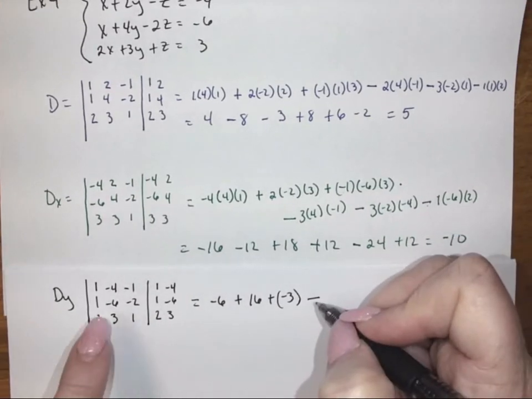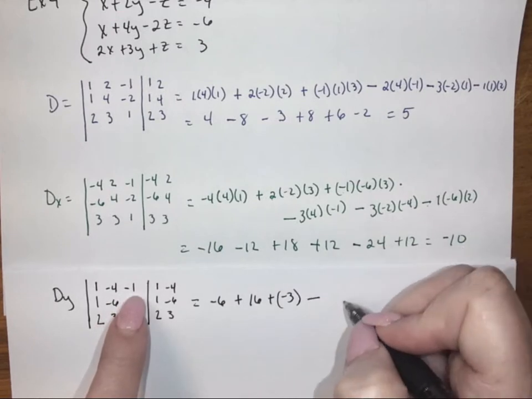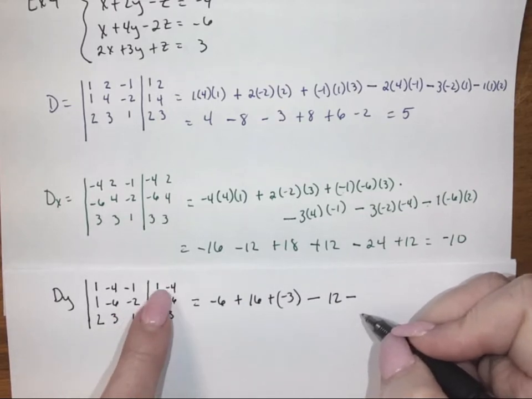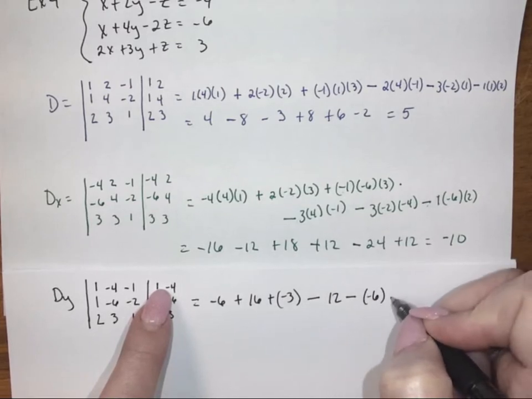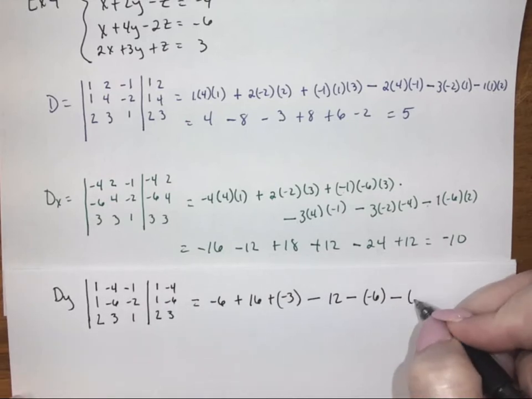Minus 2 times negative 6 times negative 1 will get us 12. Minus 3 times negative 2 is negative 6 times 1 is a negative 6. Minus 1 times negative 4 will be a negative 4.